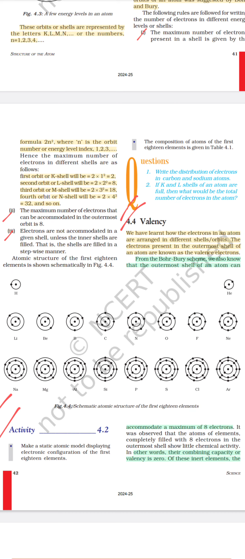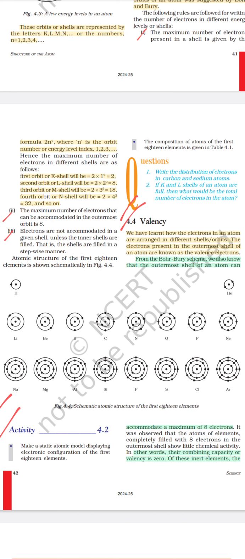From the Bohr-Bury scheme, we also know that the outermost shell of an atom can accommodate a maximum of 8 electrons. It was observed that the atoms of elements completely filled with 8 electrons in the outermost shell show little chemical activity. In other words, their combining capacity or valency is 0.